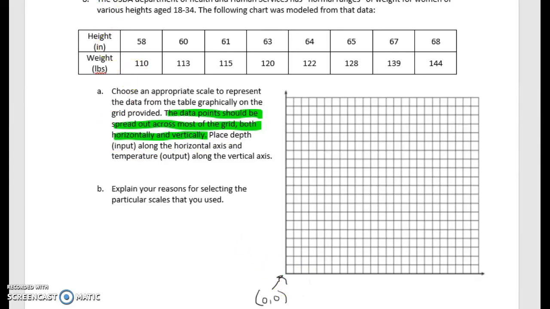So you will want to put what we call a skew in our graph or a break in our graph, and we can do that by just putting 2 little slashes, and then you start with whatever number you want to. The next number will be whatever you're counting by. Sometimes you will break up just the horizontal axis. Sometimes you need to break up both the horizontal and vertical axes. But the idea here is not to have a whole bunch of points just bunched up here. You want to be able to spread them out across the graph.